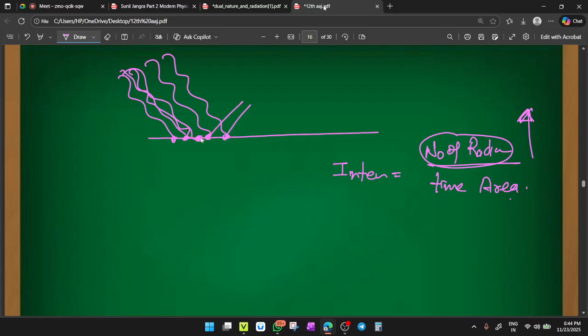So there may be a chance that 5 electrons may be ejected out of the surface. So what you have done, you have increased the intensity. By increasing the intensity, the incident radiation increases, so the number of ejected electrons also increases. Clear or not? Yes, done.